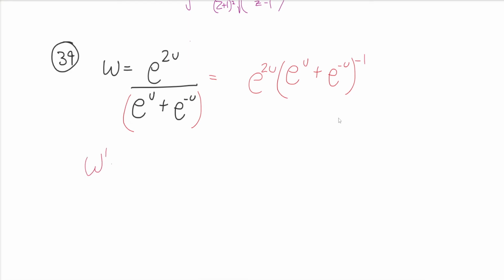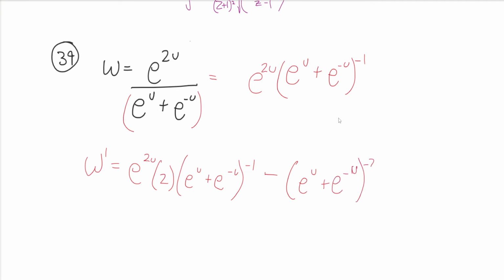So W prime, let's do it, product rule. So e to the 2u, keep the same function, every exponential to a function, and then just take the derivative of the inside on the top there. Let's keep our second the same. And then with the product rule, we end up with this to the negative 2.